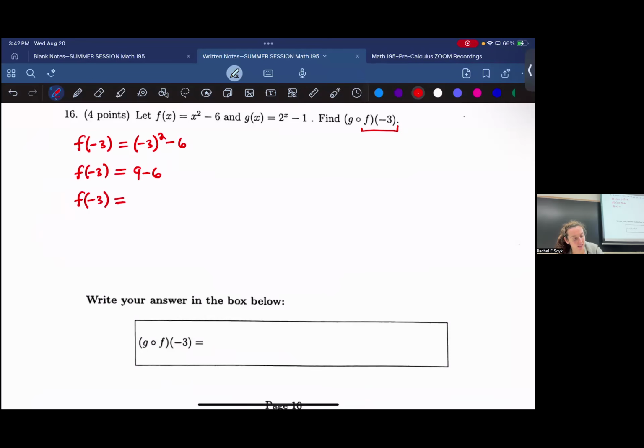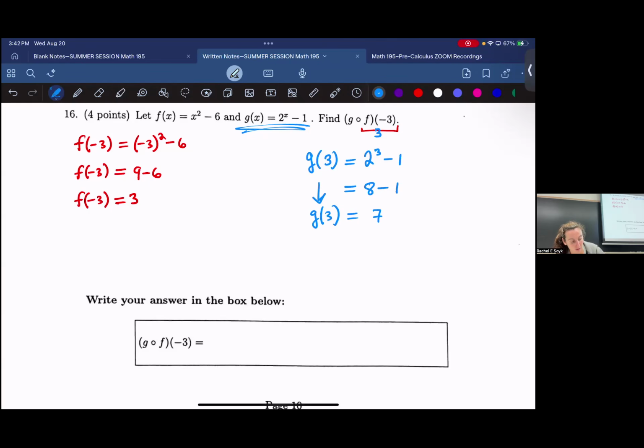And 9 minus 6 gives you 3. And now let's evaluate g of 3, because f of -3 is 3. And so wherever you see an x in your g of x function, you're going to replace it with 3. 2 to the third is 8, and 8 minus 1 gives you 7.